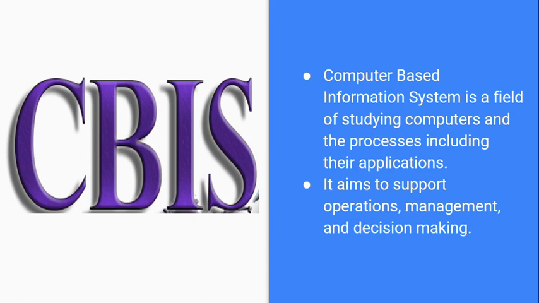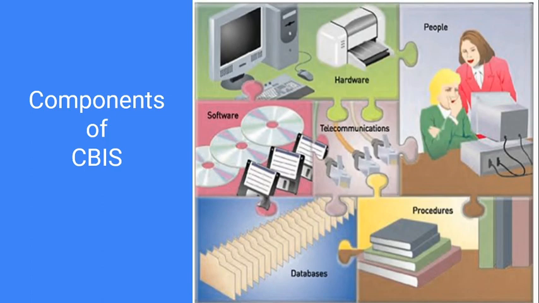So, our next part is to study the elements or the components that will make a computer-based information system an efficient one. Let's see. Here we can see there are 6 components. These 6 components are required to run efficiently and effectively a CBIS.